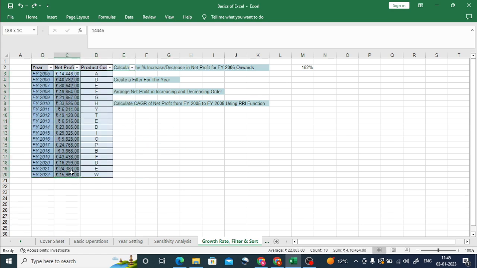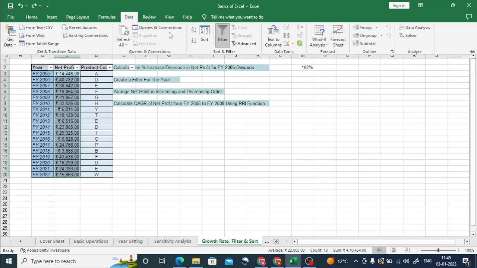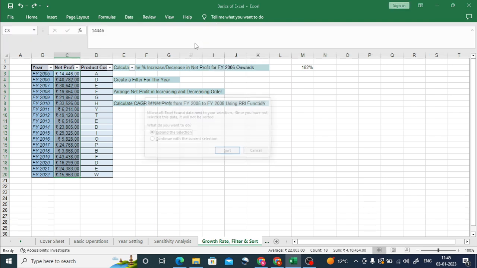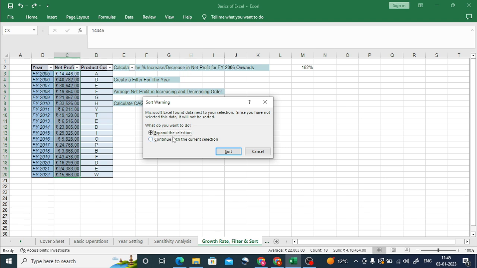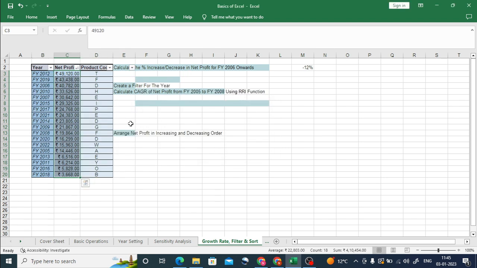Simply select the net profit, go to data. Over here sort is Z to A, which is highest to lowest, which is the decreasing order. Simply click on it. It will again ask you whether you want to expand the selection. Hit on sort. So now this time around the highest amount of profit will be shown first, because this is set in decreasing order, right?